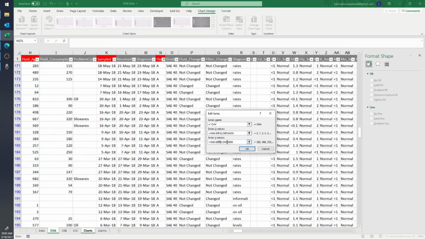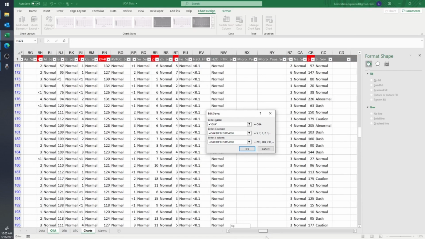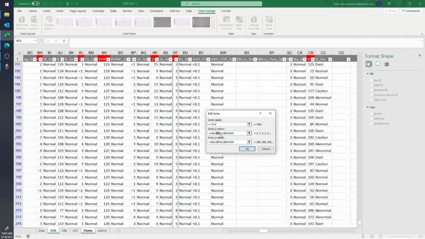So actually I want BT on the y-axis, and I want silicon, silly me, which was right at the end here. Silicon is CB.